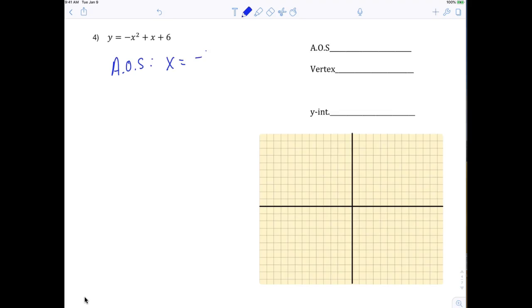Negative 1 over 2 times what? Isn't it negative 1? Everybody okay with that? And so that becomes what? Yes, 1/2. Thank you. Becomes 1/2.